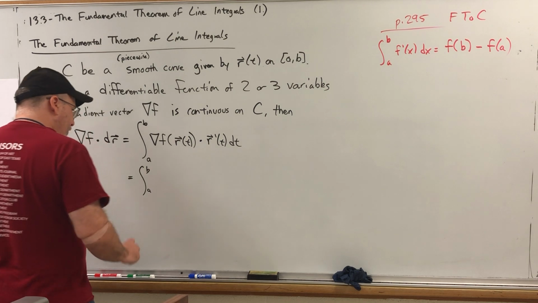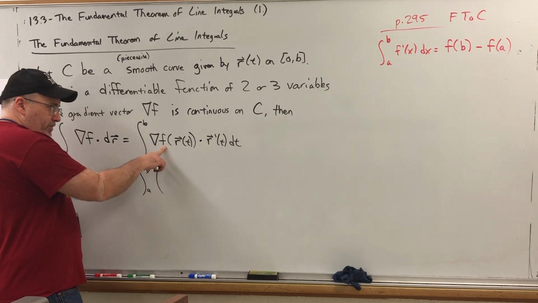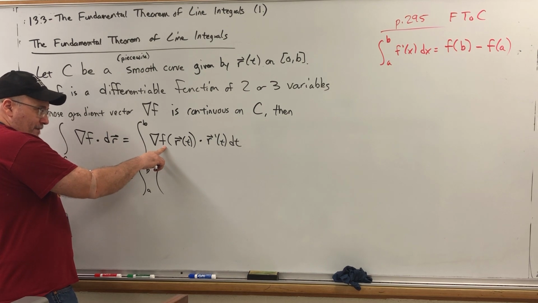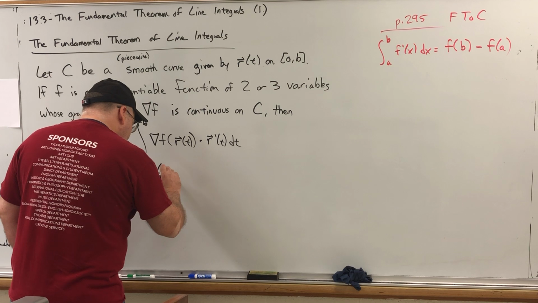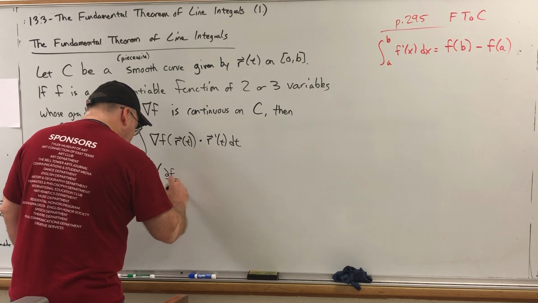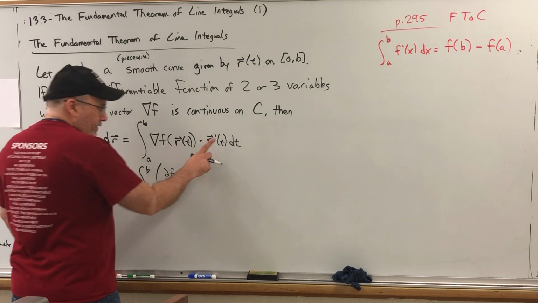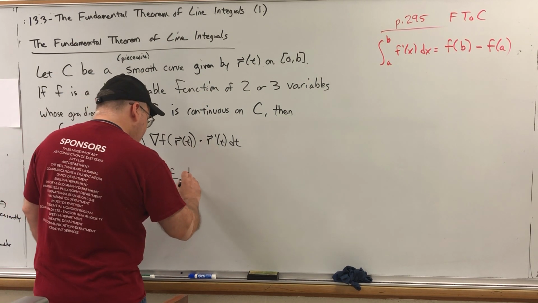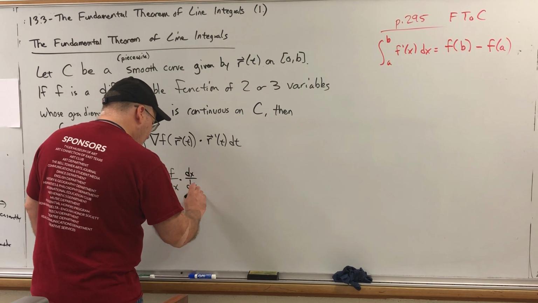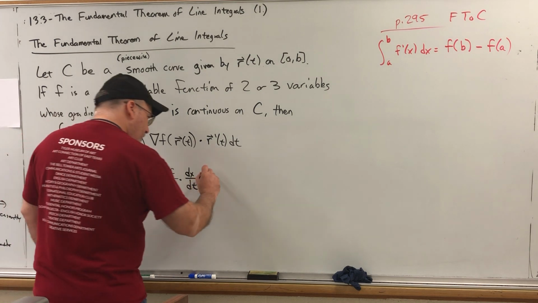So let's think about what the component functions are. This is the partial derivative of f with respect to x. This would be the derivative of x with respect to t. And the same thing for the remaining component functions.